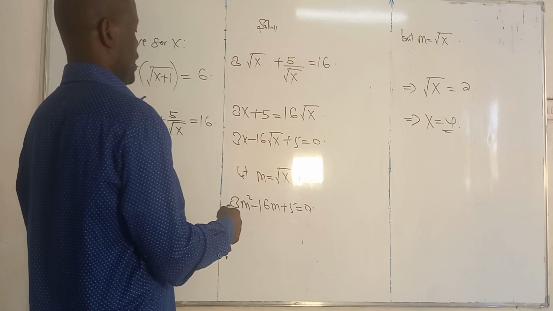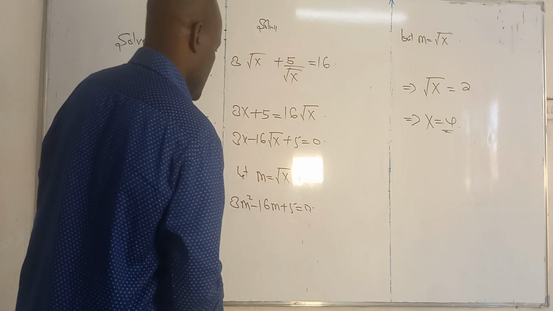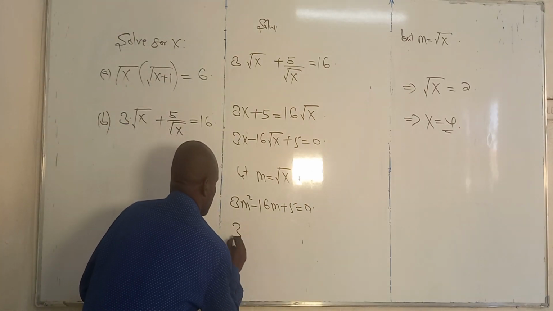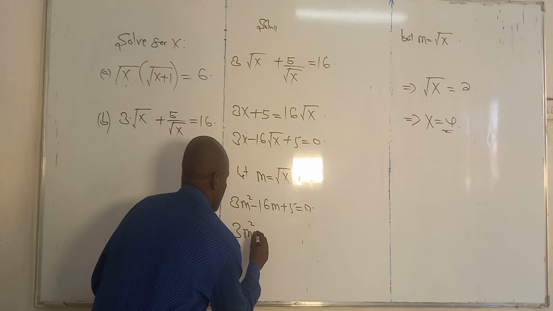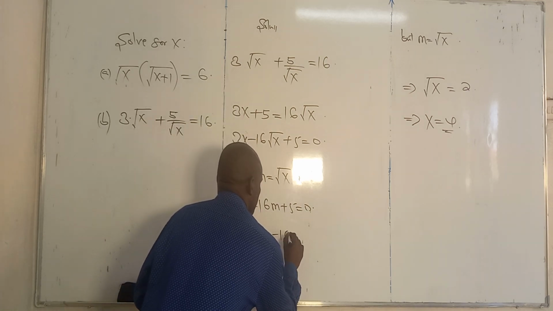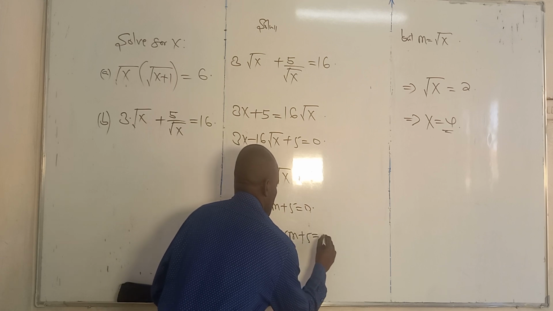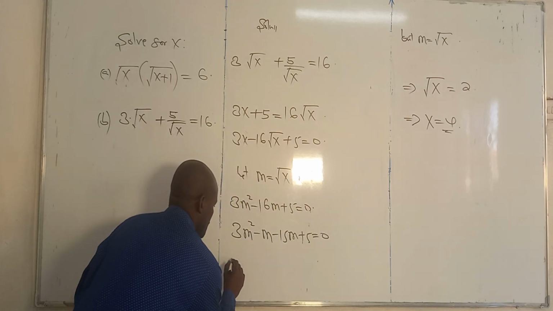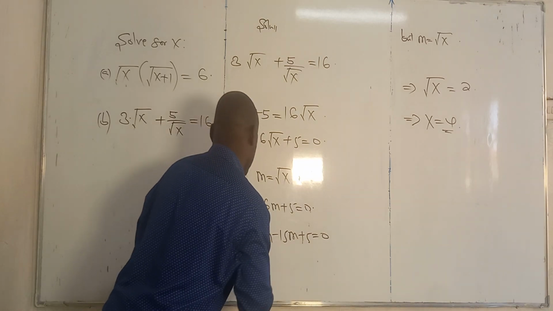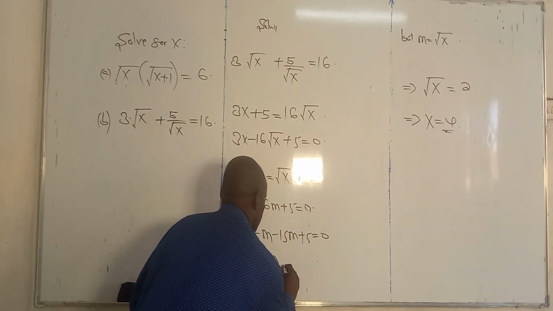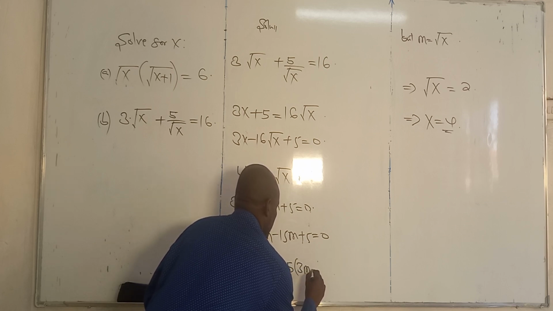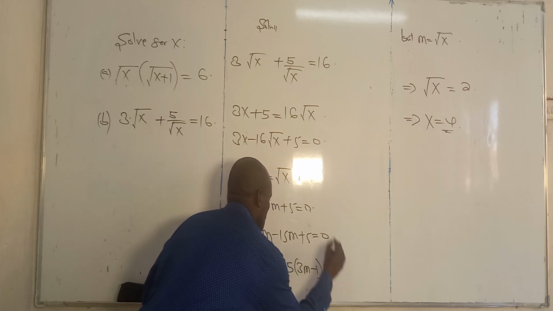Those two numbers are -1 and -15. So I have 3m squared minus m minus 15m plus 5 is equal to 0. Factorizing, I have m times 3m minus 1, then minus 5 times 3m minus 1 is equal to 0.